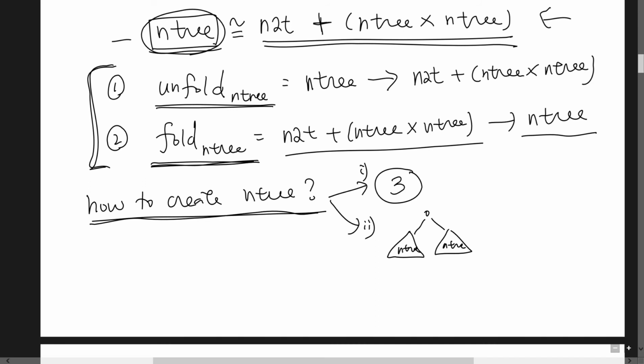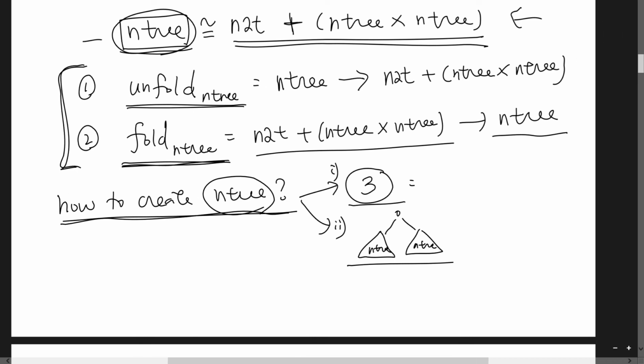So there are two ways to create natural number 3, this one and this one. In this case, first, you have this natural number, and from this natural number, you create this sum type.